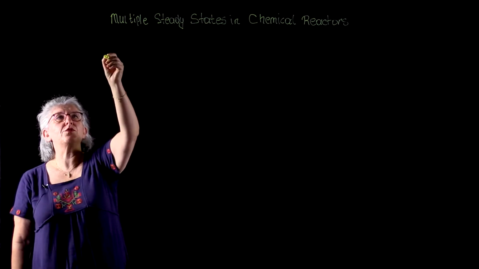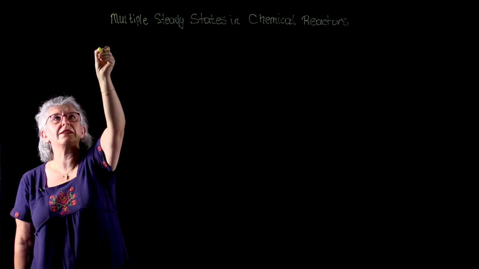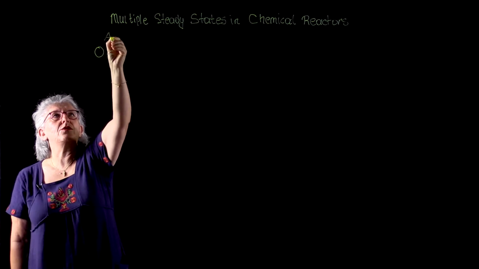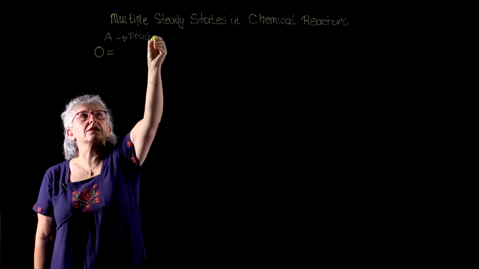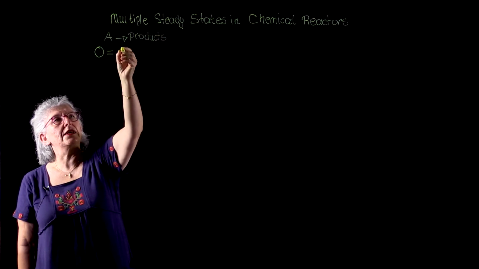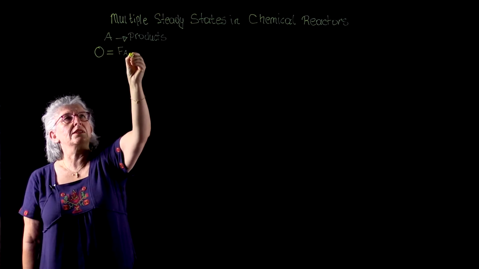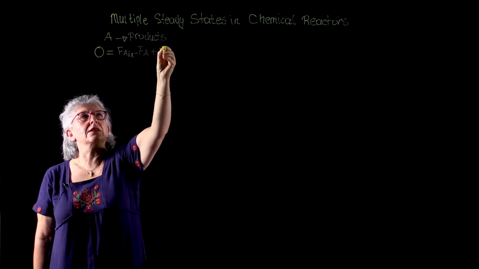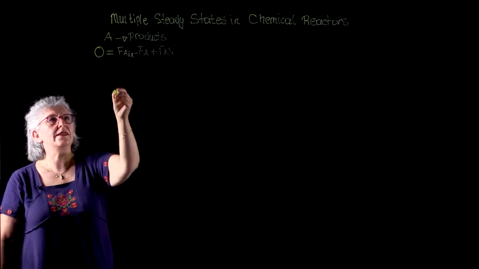We will begin again from the species conservation equation at steady state for a hypothetical A going to products reaction. The reaction is first order, and the species conservation equation is derived as such.